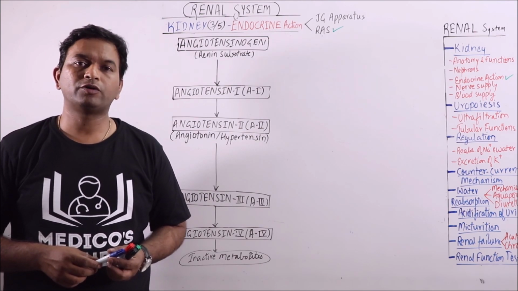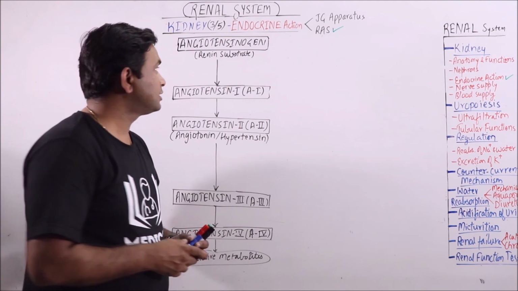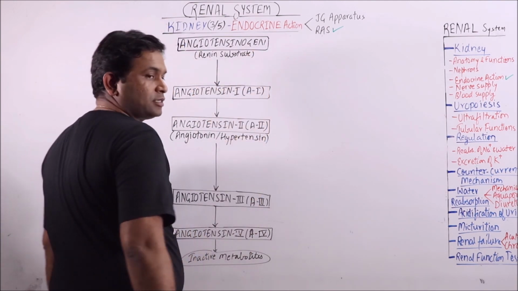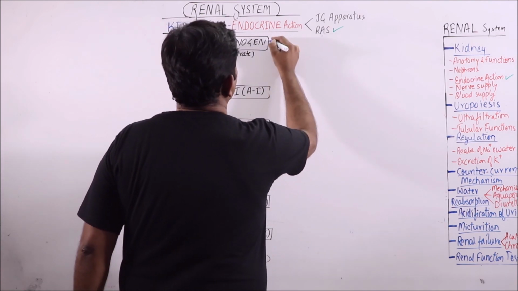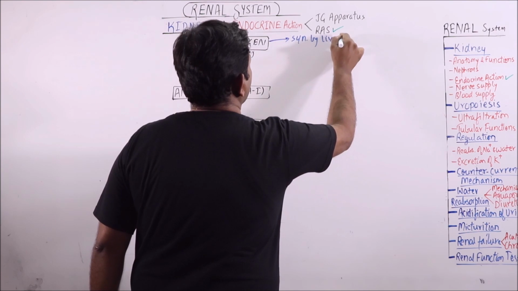In this video I am going to discuss the Renin Angiotensin System or RAS. RAS starts with angiotensinogen, which is also known as renin substrate. This is synthesized by the liver.